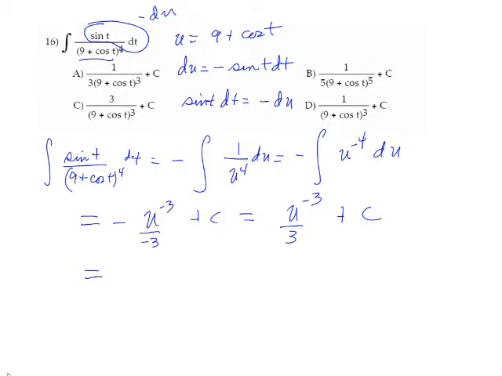Substituting in, turning the u over, we get plus 1 over 3 times 9 plus cosine of t to the 3rd power, plus a constant, and that is answer A.